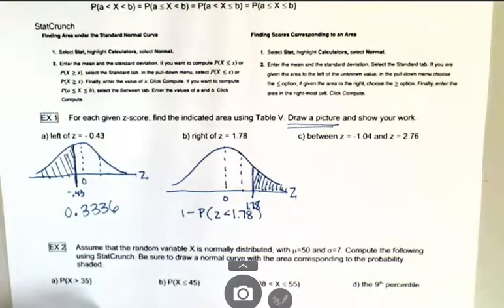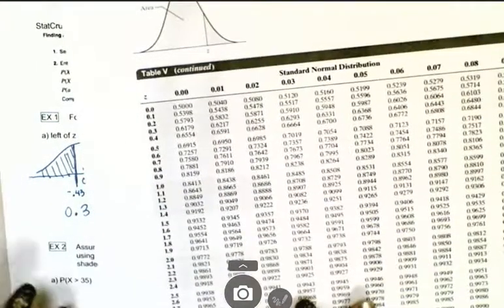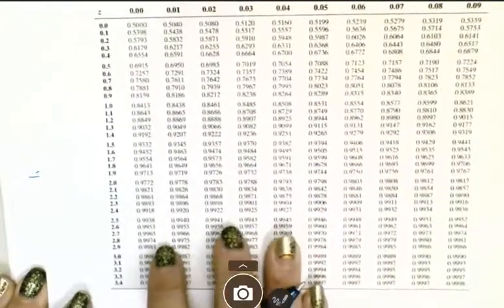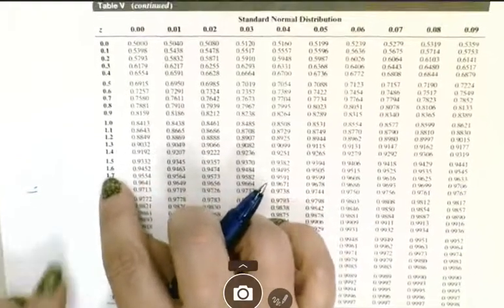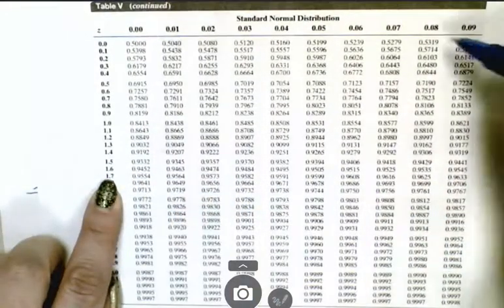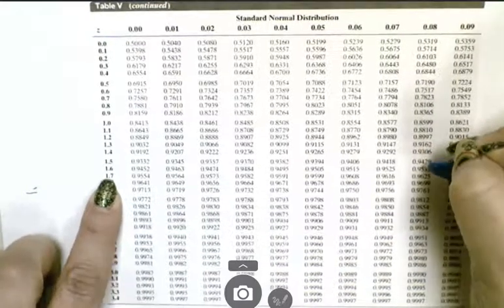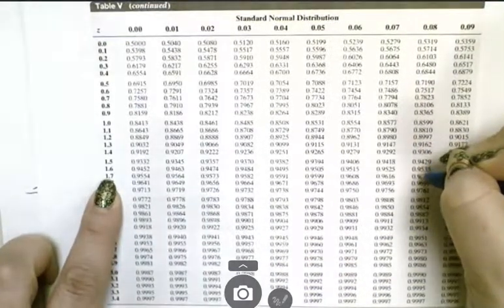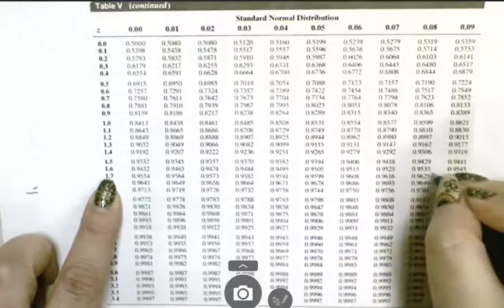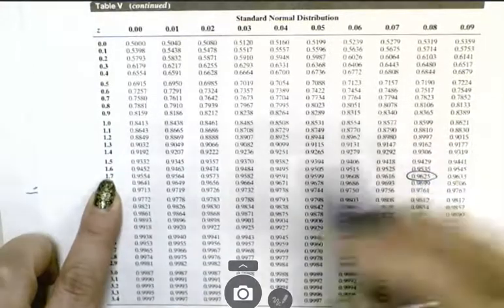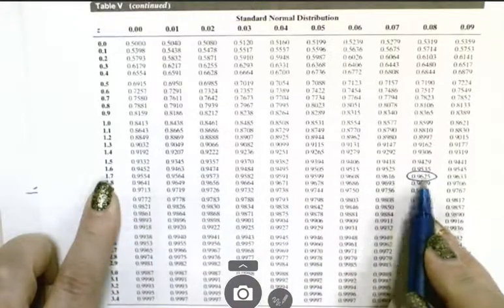So now I'm going to go to the table with 1.78. So I need the positive side here. So 1.78, here's 1.7. And then I need to go all the way over to the 0.08. And I'm going to find where those two columns intersect. Sometimes it's hard to tell. And here's my intersection of that row and that column.